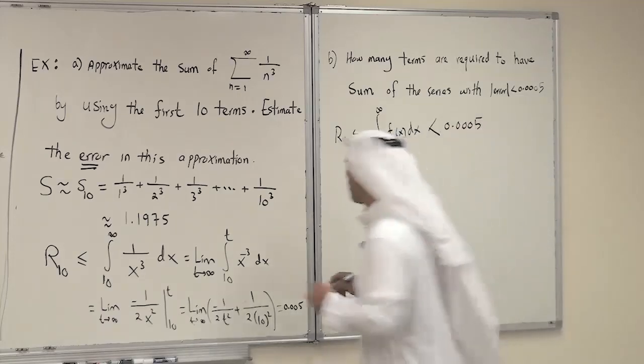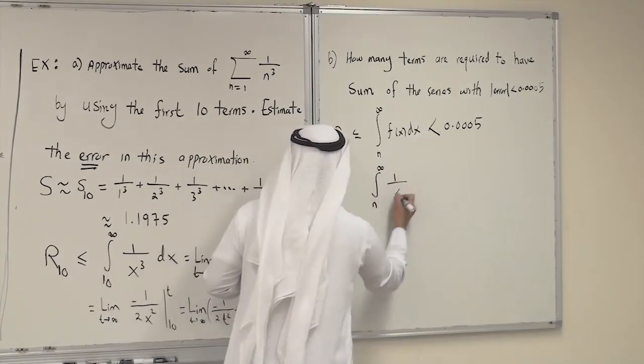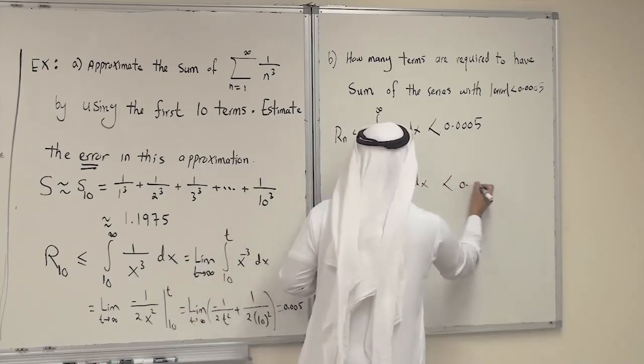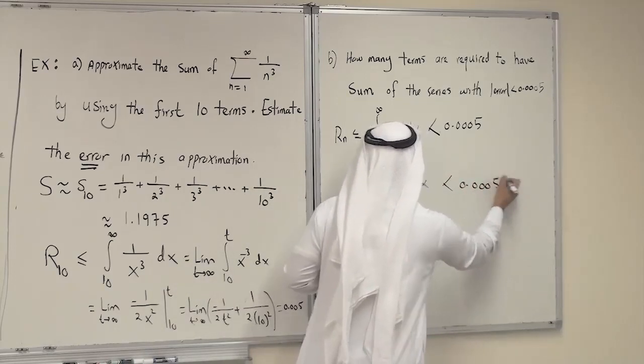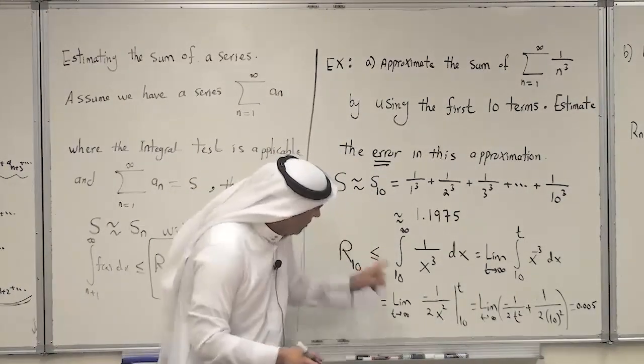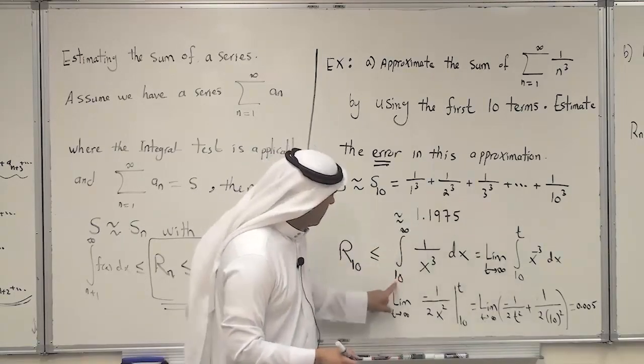So what should I do? I replace this by its value: the integral from n to infinity of 1 over x cubed dx. I need this one to be less than 0.0005. Now, we will repeat the same procedure here. But if we take advantage of the earlier part, what happens if we replace 10 by n?